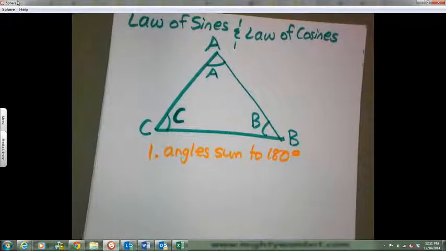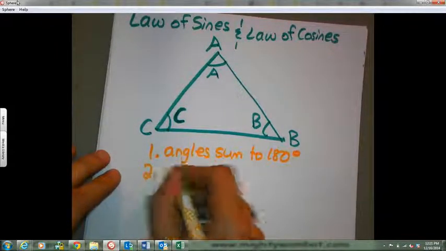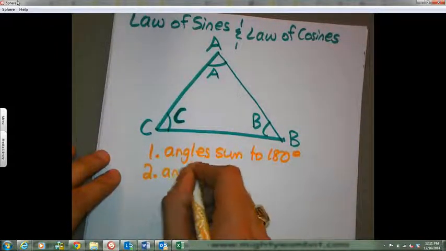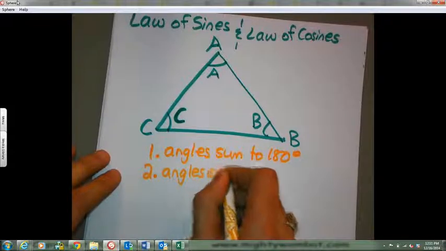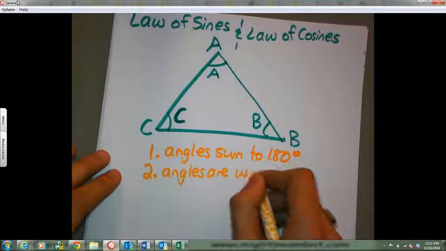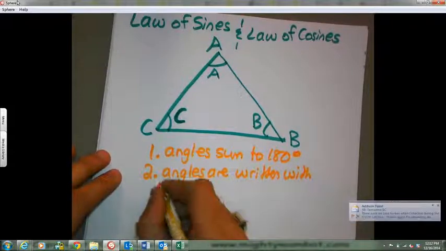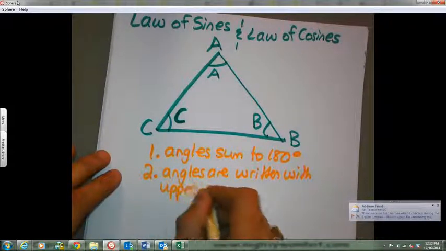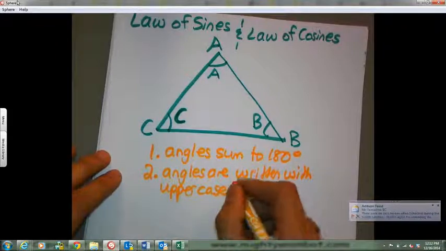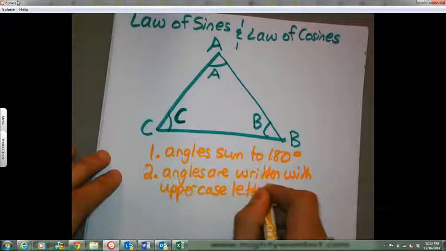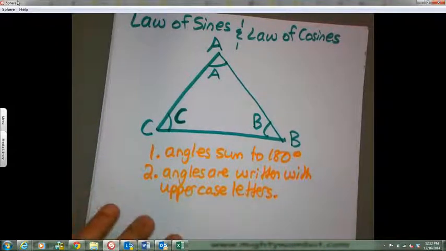The second thing we know is that angles are written with uppercase letters. Right.